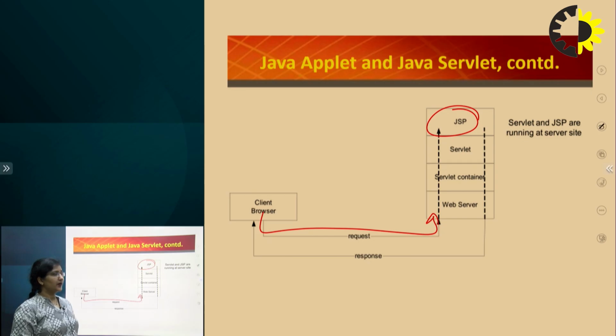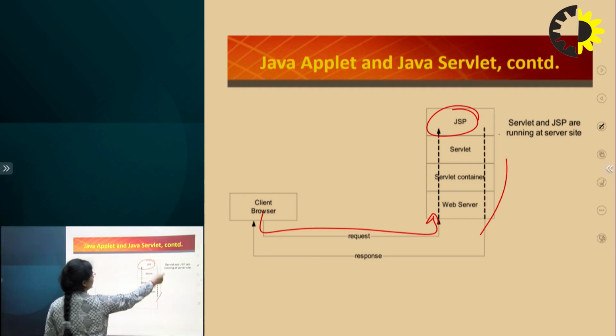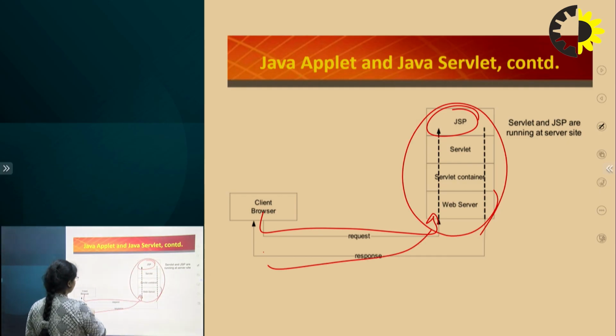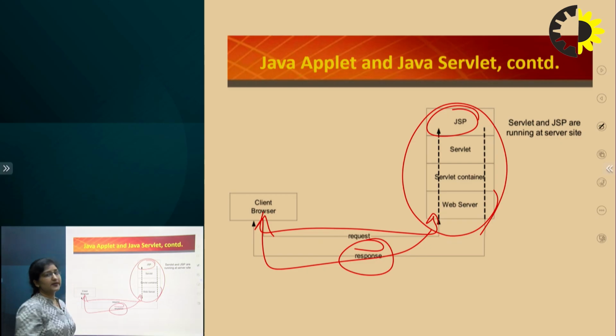Servlet and JSP run at the server side only. The whole processing is done at the server side, and only the response is sent back to the client. So this is the main difference between applet and servlet.